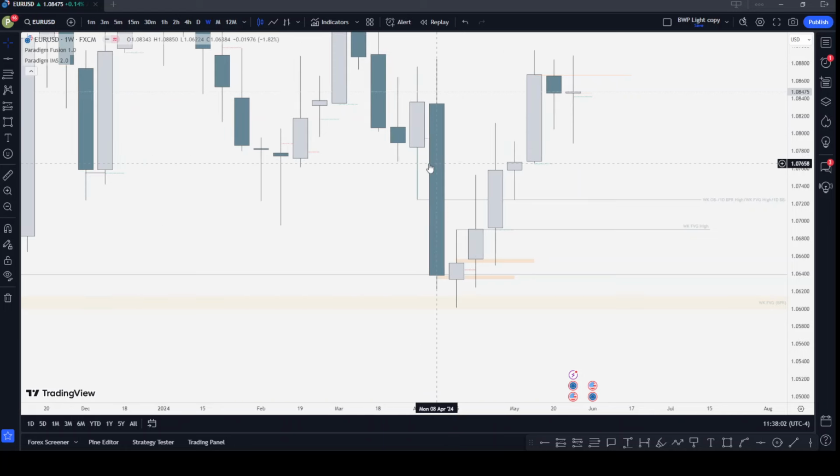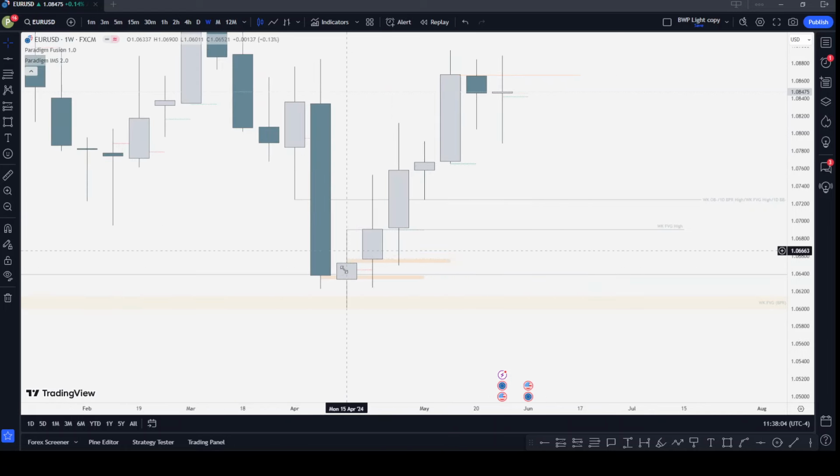So, very simple stuff. If there is a close above a new week opening gap, it becomes bullish. The first return into that new week opening gap will not close below it. Typically there is a 90% probability it wouldn't close below it, and vice versa for the bearish scenario.